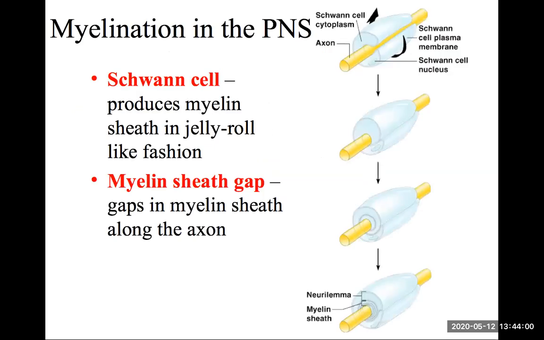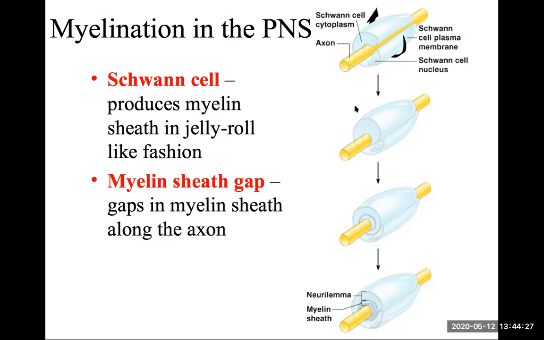Okay? All right, so if you're a Schwann cell, how do you put myelin on? Well, the Schwann cell, unlike the oligodendrocyte, does not have multiple extensions of the cell that reach out and wrap around the axon. Instead, one cell, this in pale blue here, this is one cell, rolls itself repeatedly around one location of one axon.